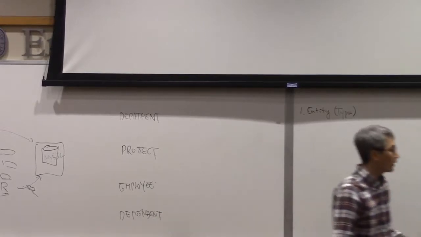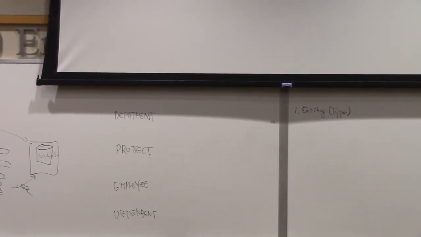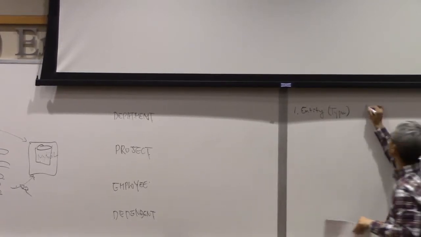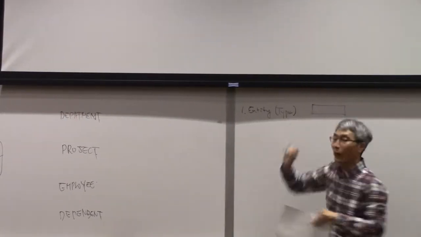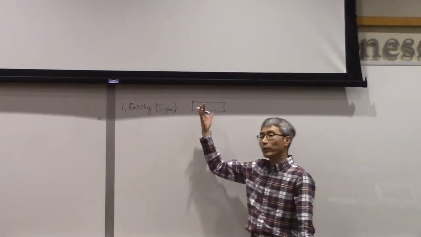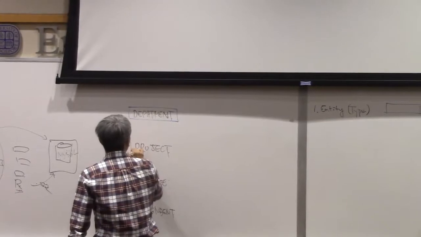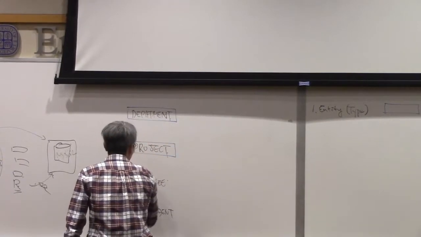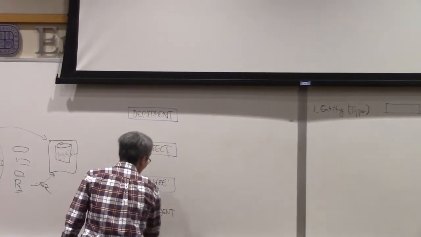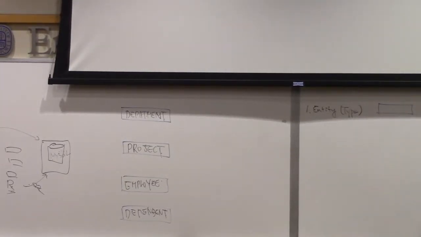Then, for easy understanding of the model, we decide to use a diagram. To represent the entity type, we are going to use a rectangle. So a rectangle will be used to represent our entity type or entity, like this one. So this is the first step, the entity.